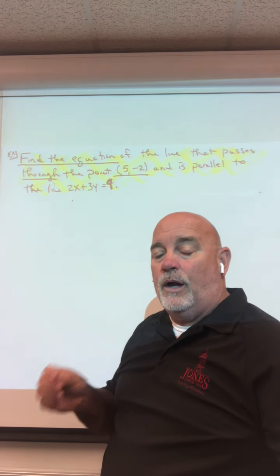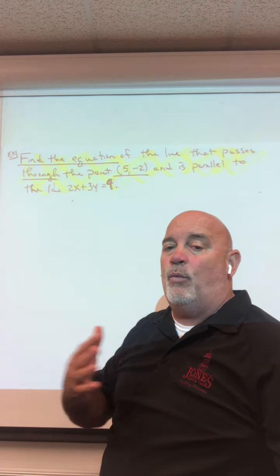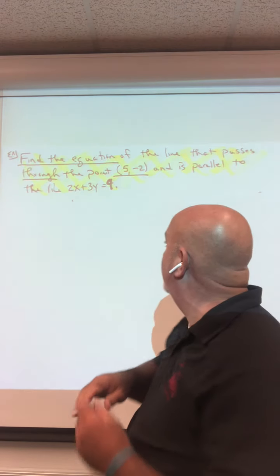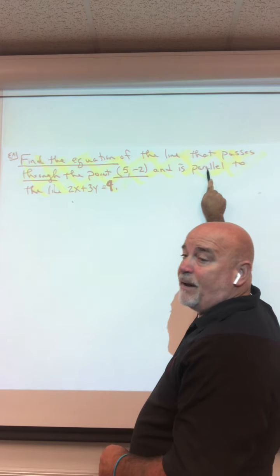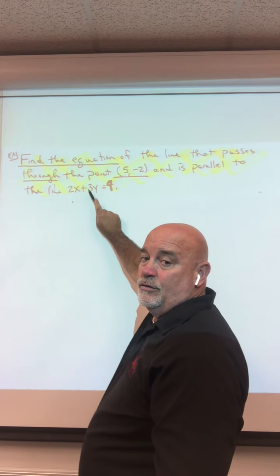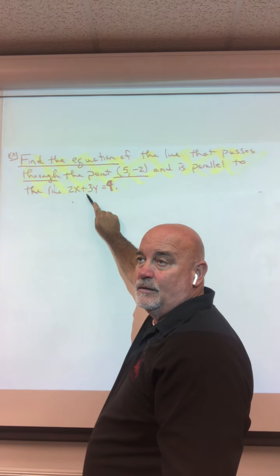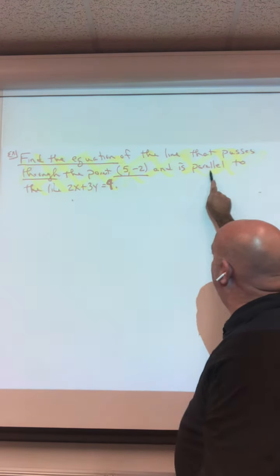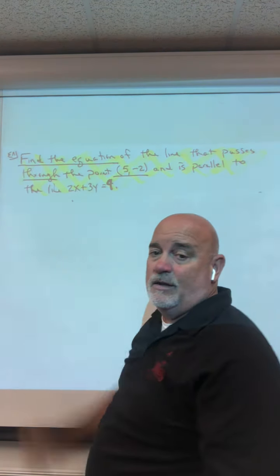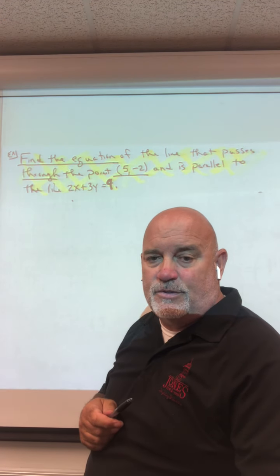However, what do we know about the line that we are looking for? It is, what's this word right here? It is parallel to this line. Now wait a minute. If my line is parallel to this line, what does that mean about their slopes?